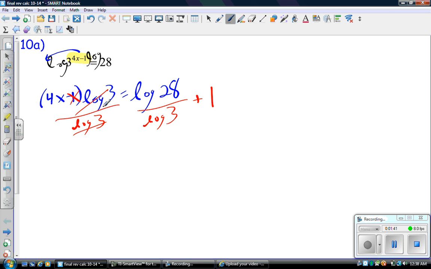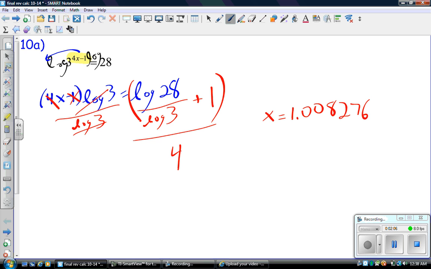And then you have 4x equals whatever this number is. Divide all that mess by 4. And x is isolated. I know it looks kind of nasty, but all I did was just move stuff away. You end up getting on this one 1.008276.